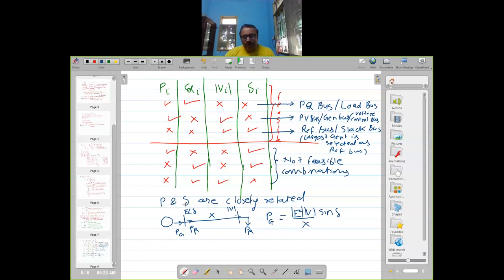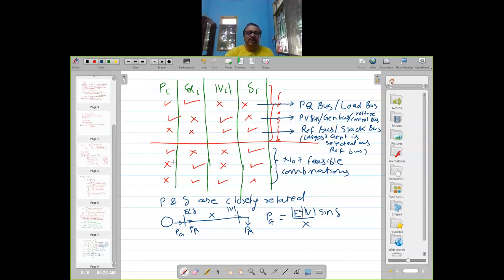Only independent variables can work. If they are dependent, then I cannot set them differently. I cannot set P as this much and delta as 30 degrees, because the moment I set P, delta is a function of P. You can always argue that E and V are unknowns in this case.